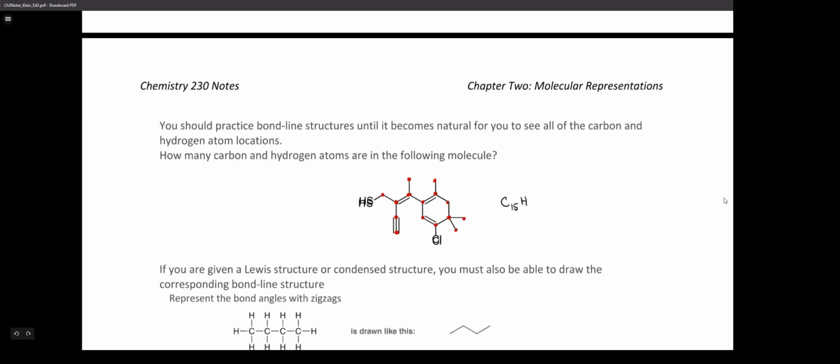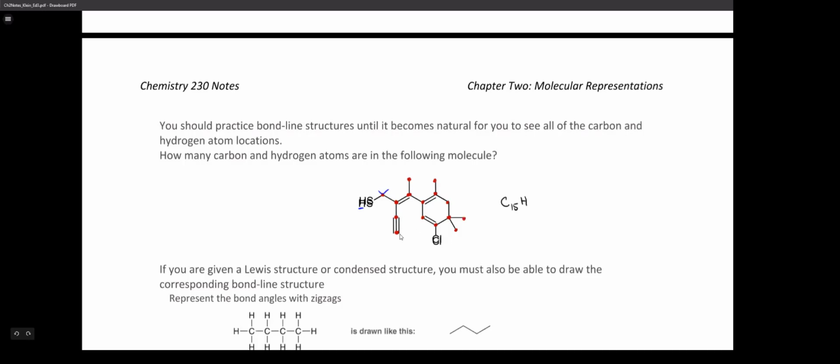How about hydrogens? Let's not mess up our counting here. 1, 2, 3. None here, right? You can see my arrow? None here.